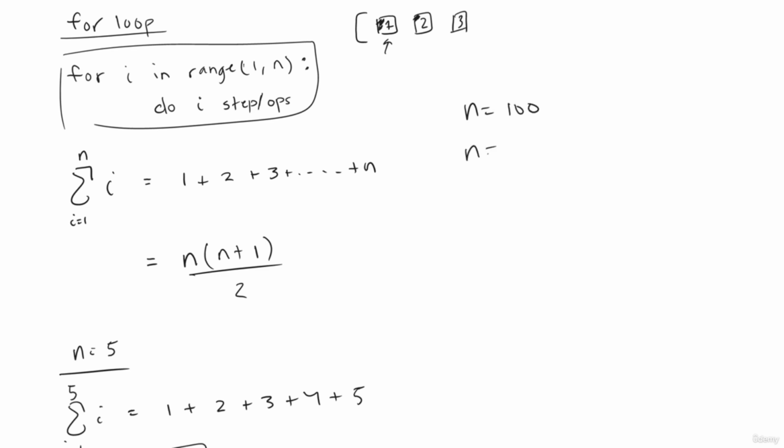Or what if n was equal to 1,000, or even more? What if n was equal to 10,000, and so on? You would want to know how many operations your program would have to do for each of these numbers. And because you have this formula, because you're able to manipulate this summation, you can just take your 100 and plug it in and get an answer.